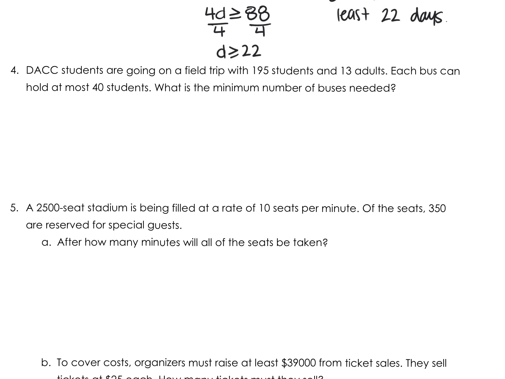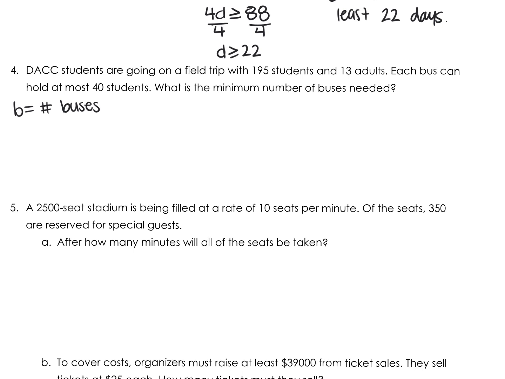Okay. Number 4, DACC students are going on a field trip with 195 students and 13 adults. Each bus can hold at most 40 students. What is the minimum number of buses needed? So for our inequality, B is going to be our number of buses.